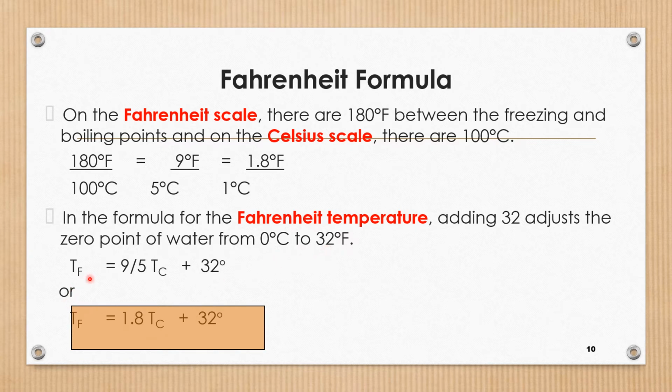So we have 9 over 5 times Tc, where Tc stands for the Celsius temperature, plus 32 degrees. So we have this formula, the first formula that I gave to you earlier, 1.8 C plus 32. That's for the Fahrenheit temperature.